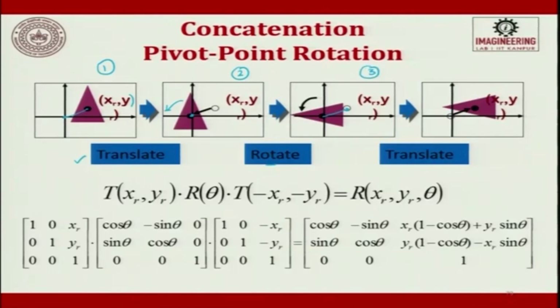So, in concatenation you already know we will start solving it from last to first. So, here the translation matrix is x comma y, translation matrix into rotation whatever it is, and then you will have a translation back to the point. So, you will have this. So, this is the final matrix whatever is there.